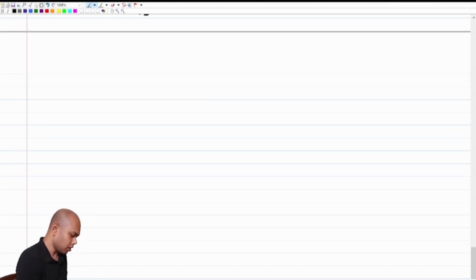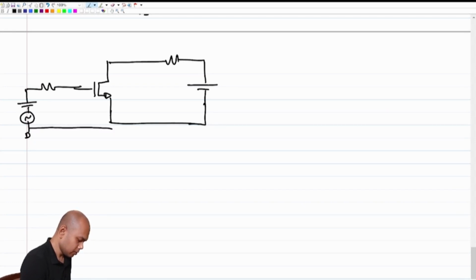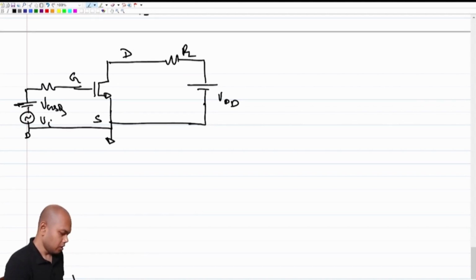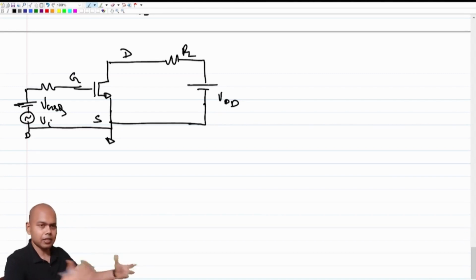So what did we see? Now I'll assume that we know what the common source amplifier currents and voltages are. Right? So what should we see? We should find out what is the maximum swing.